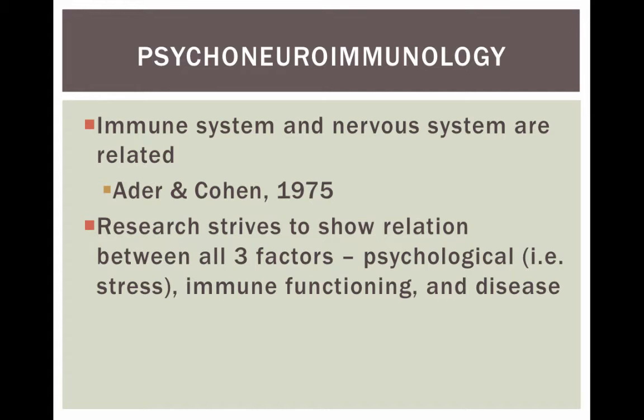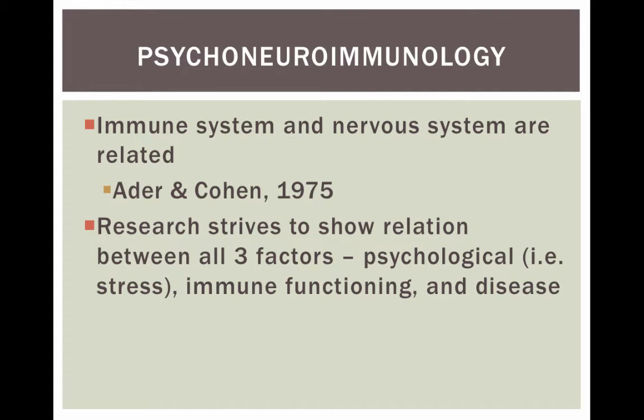So when we start to look at this in humans and try to look at that practical application, we're going to see if our stress impacts our immune functioning. Ideally, we're going to take some biological measure that shows our immune system, whether it's high or suppressed, and that also shows instance of disease.